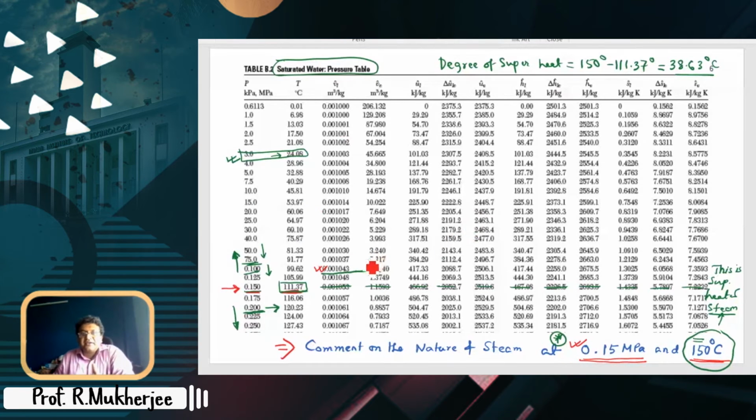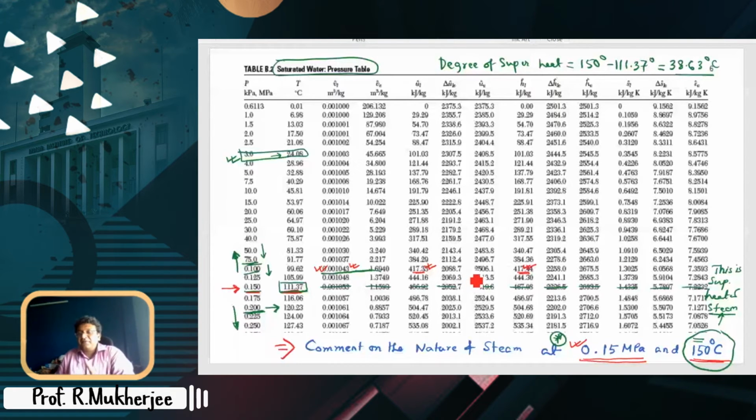This is going to be its specific internal energy, and this is going to be its specific enthalpy. Please pay attention that in the liquid phase, since there is no expansion of volume, specific enthalpy and specific internal energy data are exactly the same, which is very logical. There can be some minor deviations here and there. Entropy we are not considering anymore.